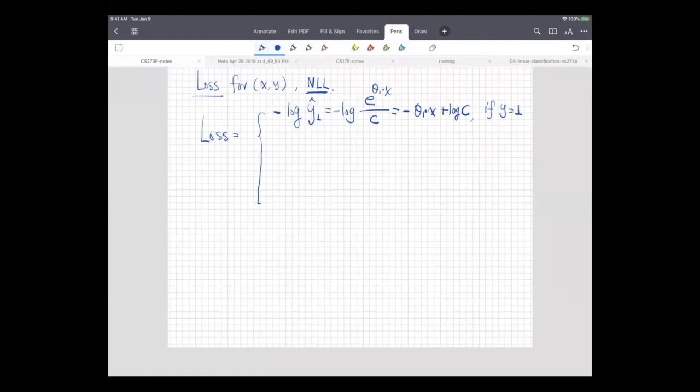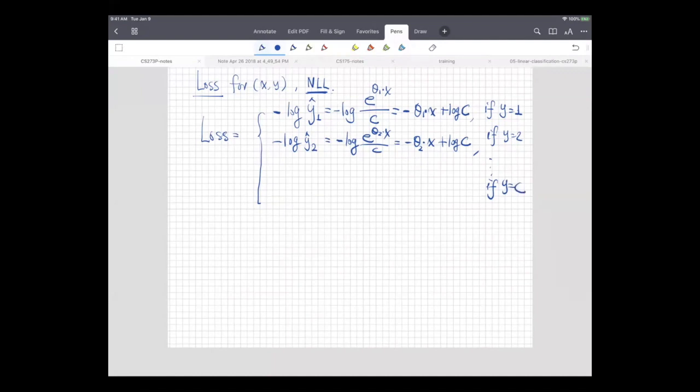And if the actual target label is 2, you're going to use the second term instead, which will be minus log of the exponential of theta 2 times x divided by the constant. That will be minus theta 2 dot x plus log of the constant.